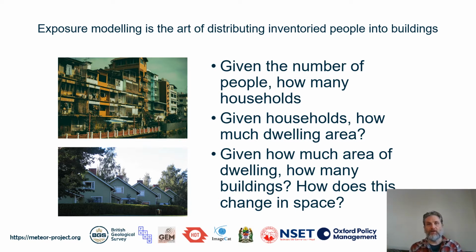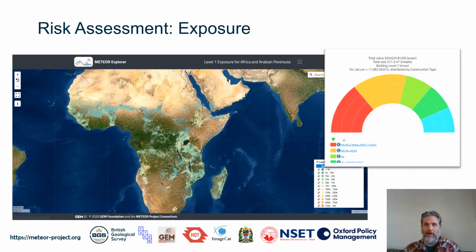How much dwelling area is associated with those households? And then given that, what is the replacement cost? Structure type that can be used to assess damage from multiple hazards. And then how does this change throughout a given area that you're looking at? So this is the type of information we're talking about.